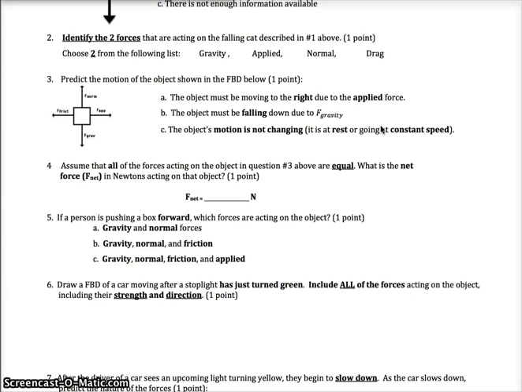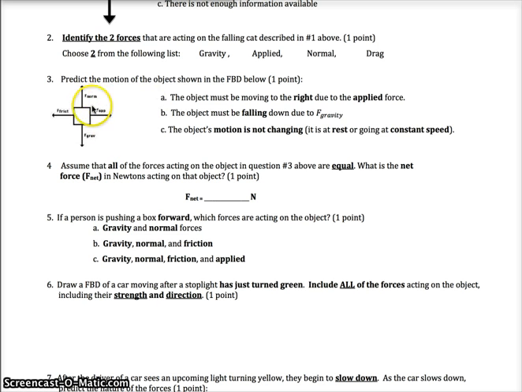Number 3. Predict the motion of the object shown in the free body diagram below. So let's look at the free body diagram below. Look how the arrows are pretty much equal in length. All equal in length. So, A, the object must be moving to the right due to the applied force.